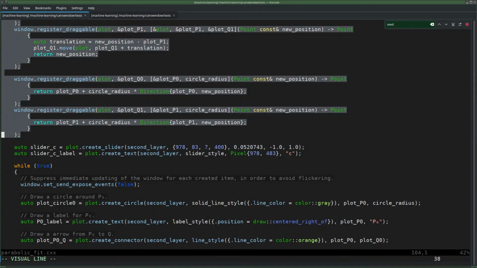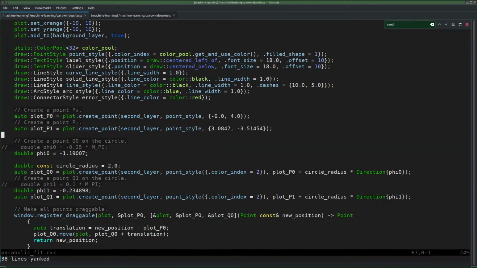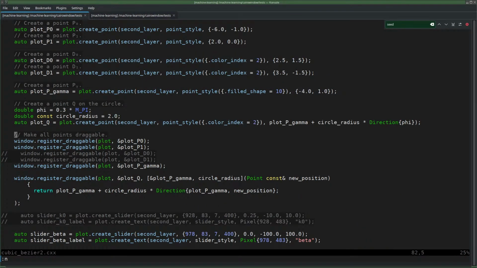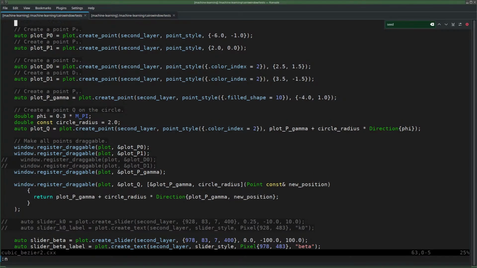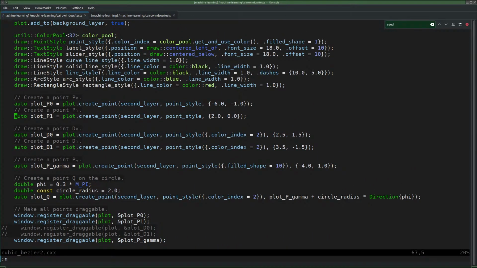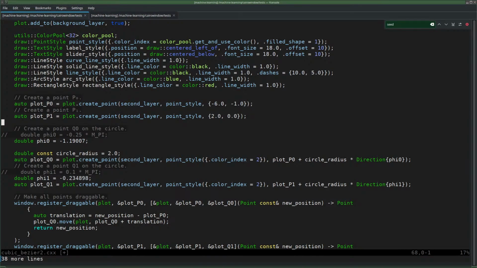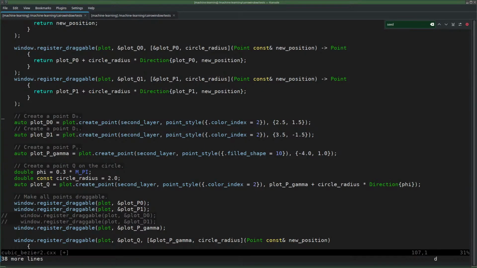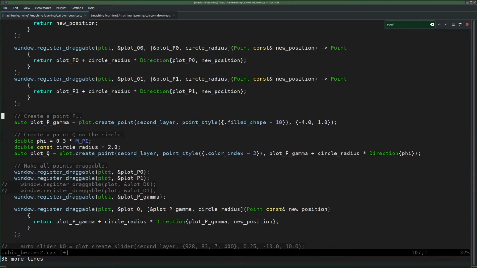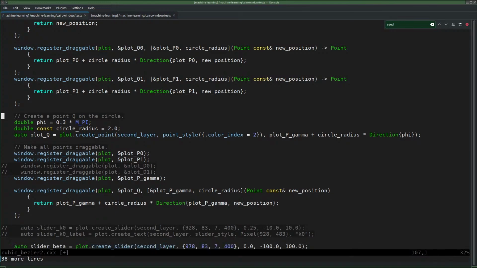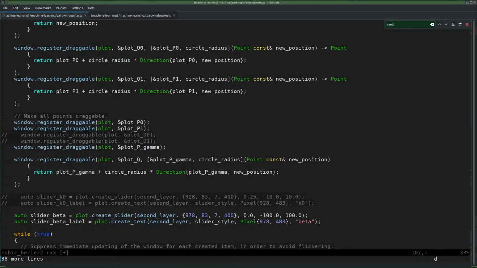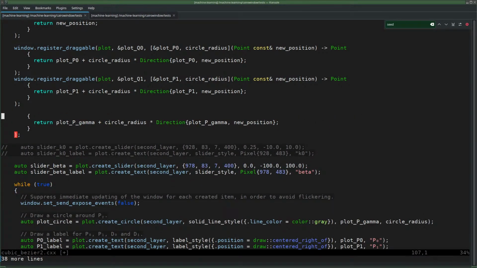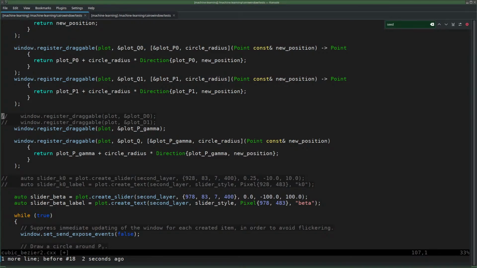I don't think I need a slider. Wait a minute.